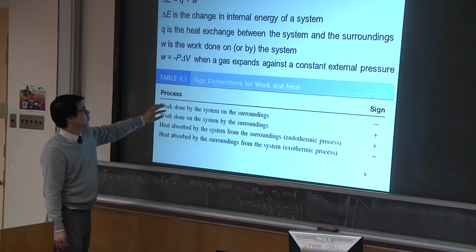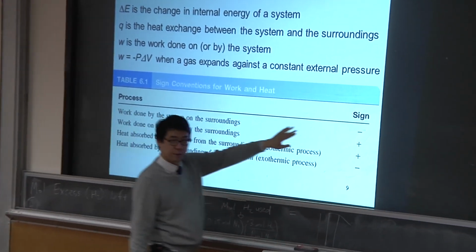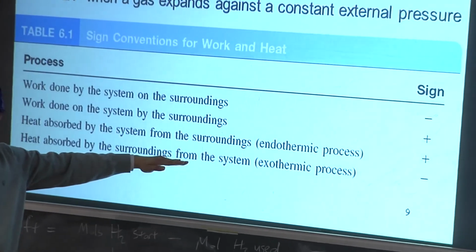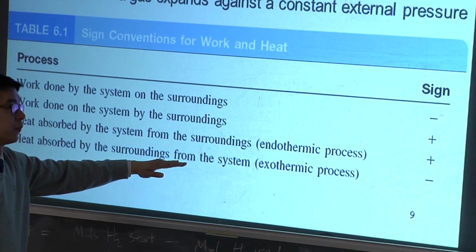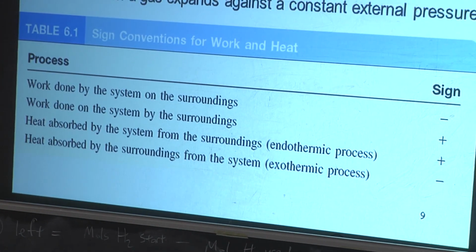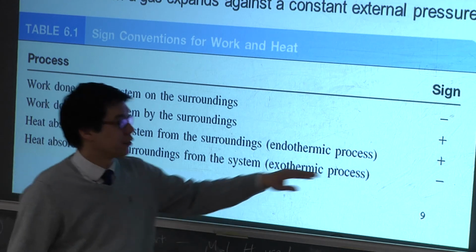So if work is done by the system, the sign is negative because the energy is going out, just like if you burn something, energy is going out. The opposite is also true. If work is being done on the system, then energy is going into the system, and the sign is positive.